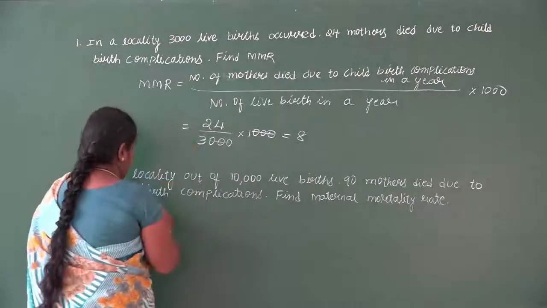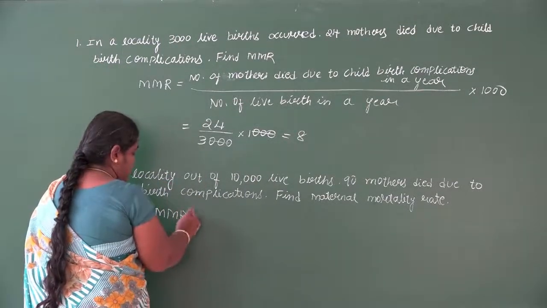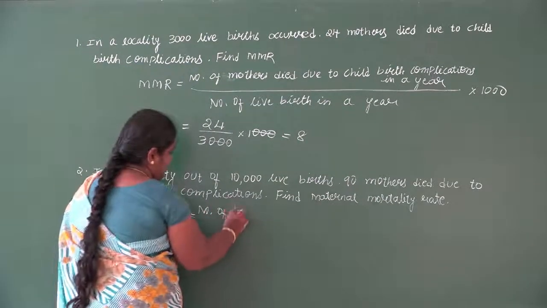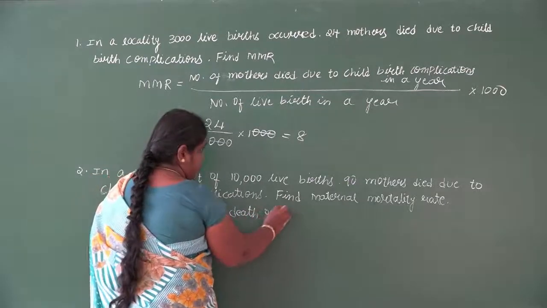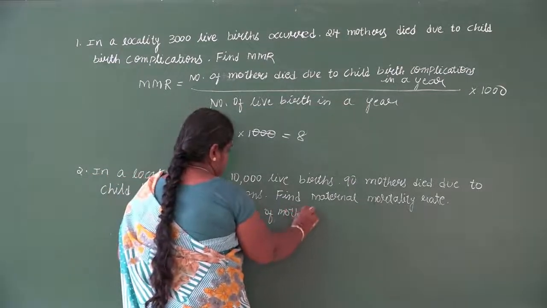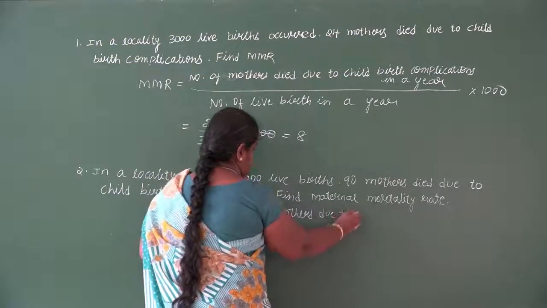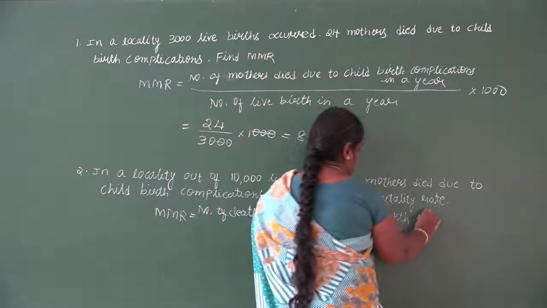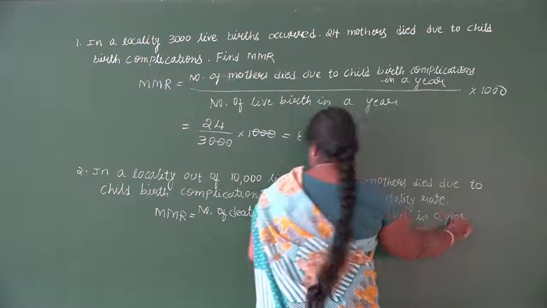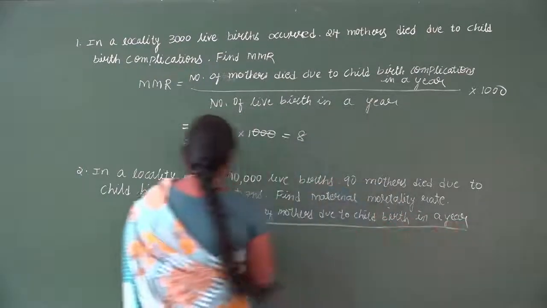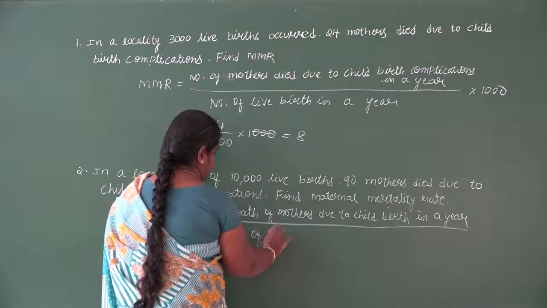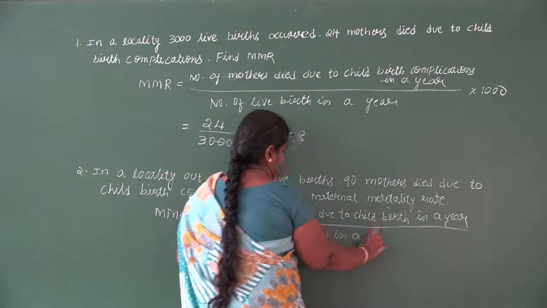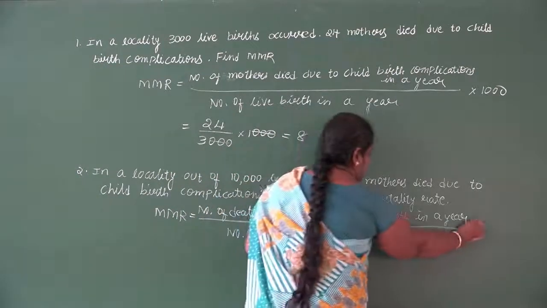So you can write the formula in this manner also, or the way I wrote it previously. I will write the same thing now. So number of deaths of mothers due to childbirth in a year divided by number of live births in a year into 1000.